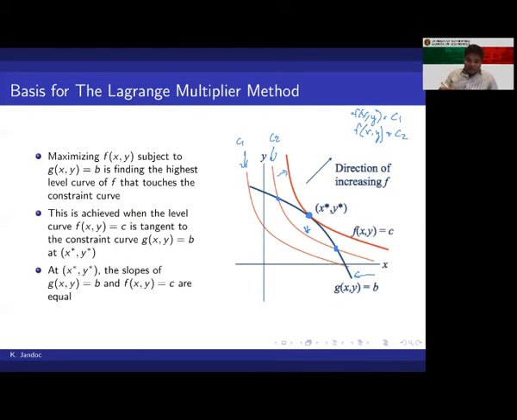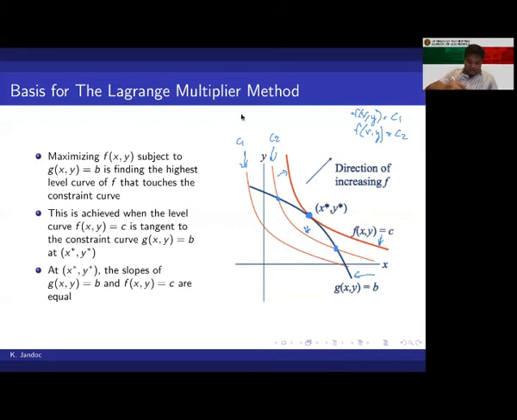The thick red indifference curve here gives you the highest value of the function. So what do you notice? Since they touch, this level curve is tangent to the constraint curve, meaning that they share the same slope.